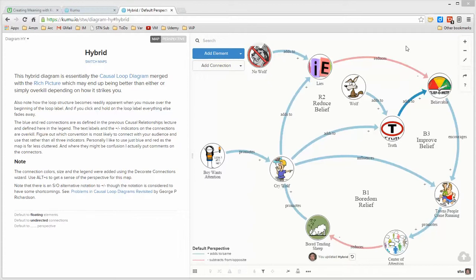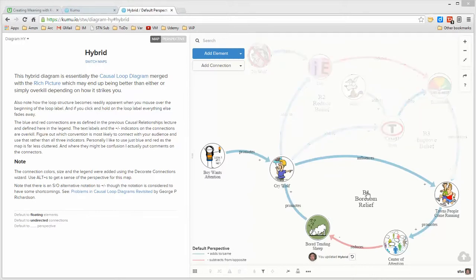If the map ends up being overloaded, then it puts them off in a way that you absolutely don't want. You want a clean structure.